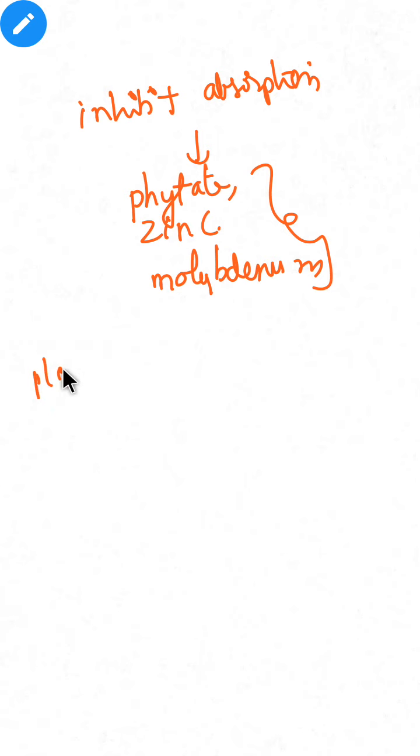Then moving to plasma copper, the various levels of copper in plasma. In serum, the level is 100 to 200 milligrams per dl.